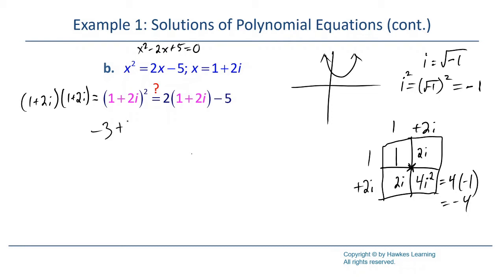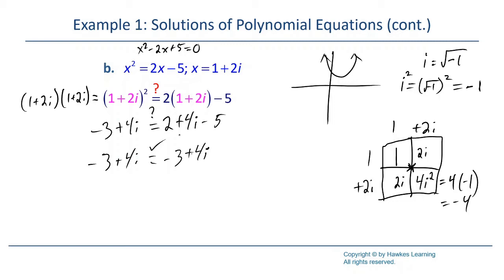And then that's going to be plus 4i. And then does that equal? So distribute the 2. So we get 2 plus 4i minus 5, which if we combine, we do end up with -3 plus 4i.